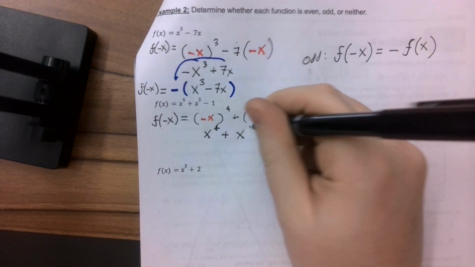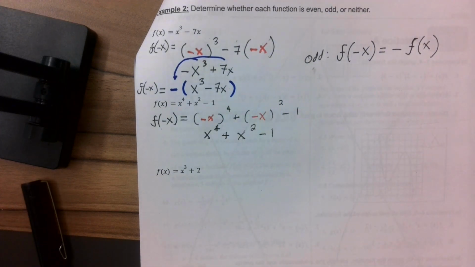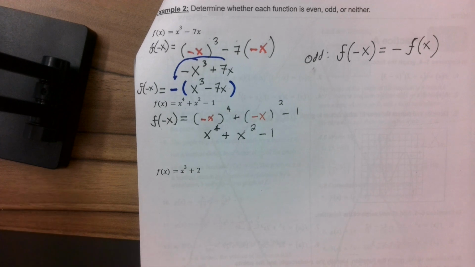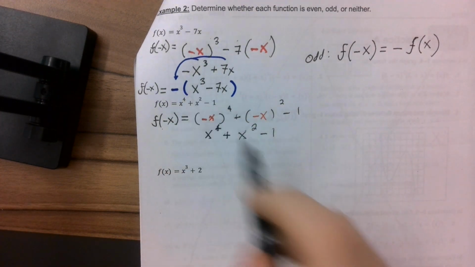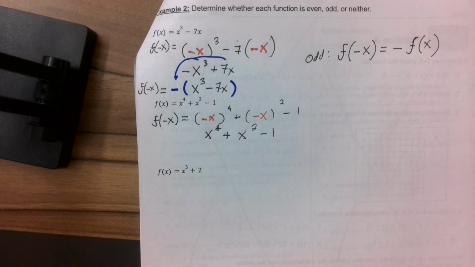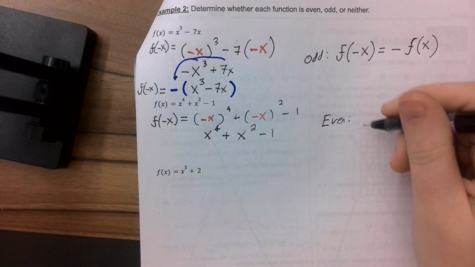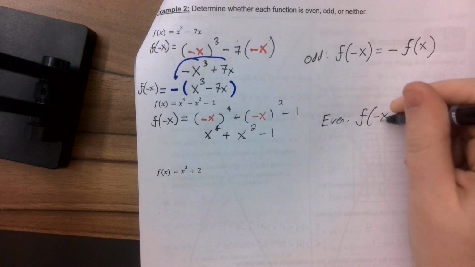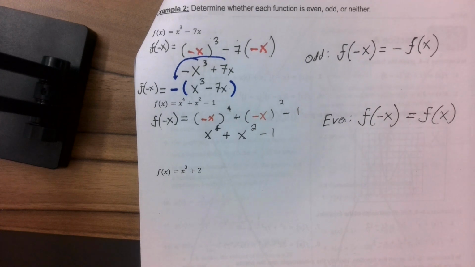That's also going to be positive x squared, and that's minus 1. Hang on a second. Here, we ended up with the same equation, even when we changed our inputs to be negative. Something is an even function if, when you change the inputs to be negative, you end up right where you started. It's the same dang thing.